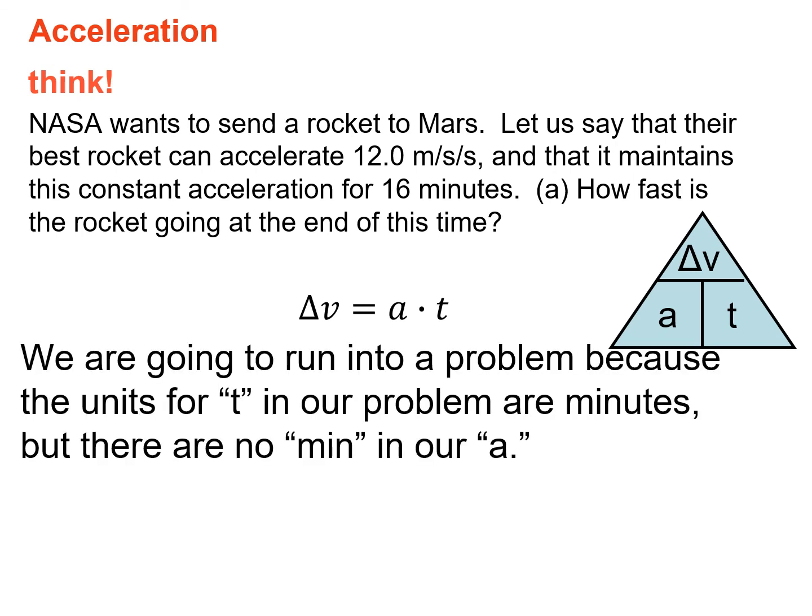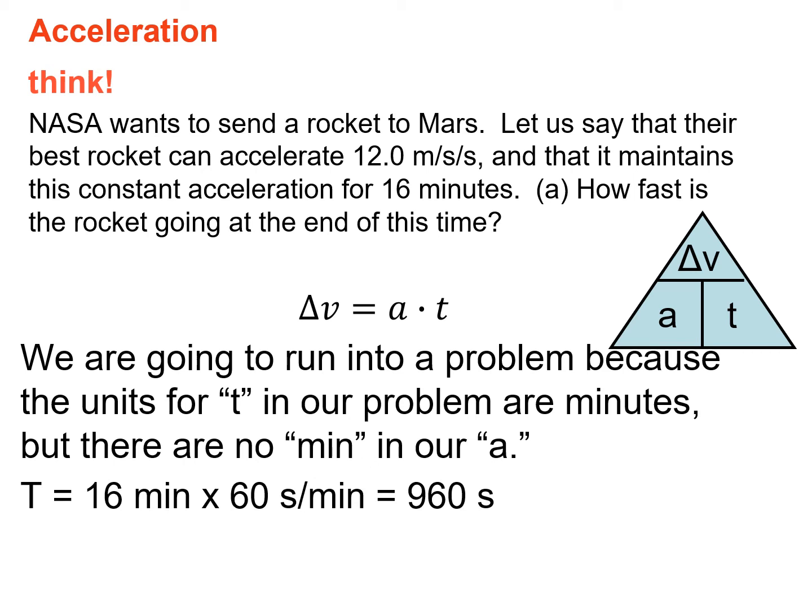So in this case, if you take that t, minutes, it should be pretty easy to convert that into seconds. 16 minutes times 60 seconds equals 960 seconds. So let's use that in this equation rather than 16 minutes. You have to write those units down, folks, and keep up with them so that you can see problems like this when you run into them.